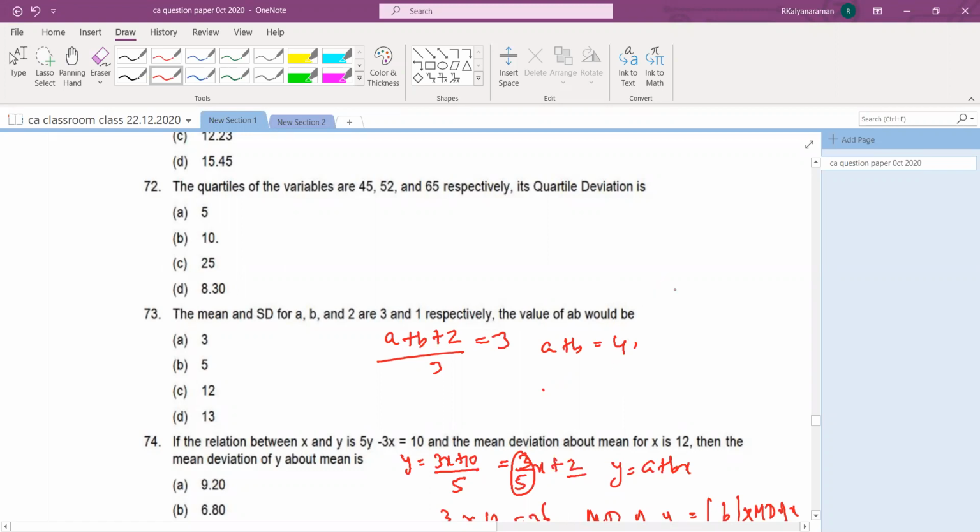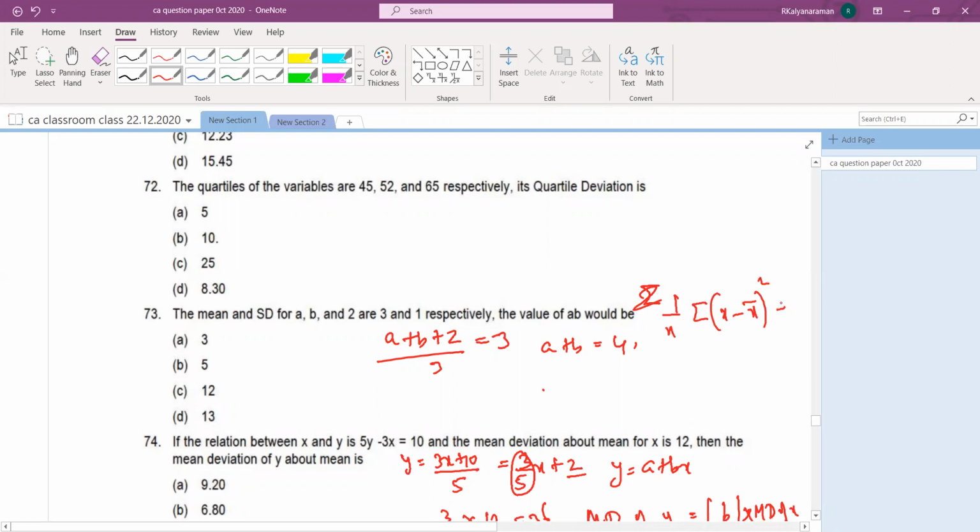The standard deviation formula is the square root of 1 by n into sigma of (x minus x bar) the whole square.